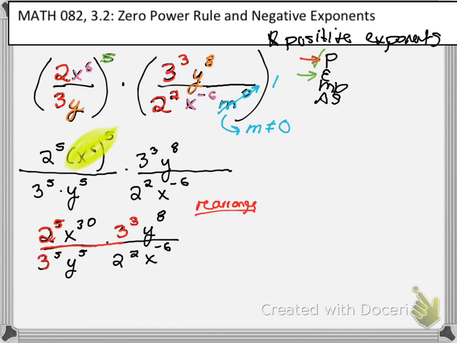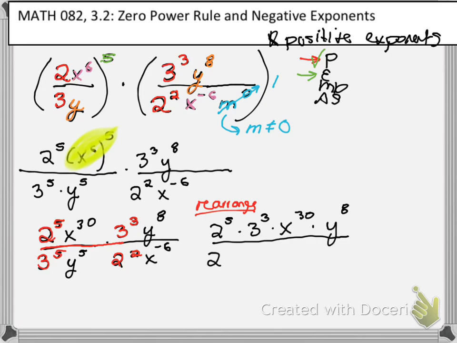So I'm looking at all these numbers, and I want to rearrange them so that they're right next to each other. So let's do this. We have 2 to the 5th power times 3 to the 3rd power times x to the 30th times y to the 8th. That's what we have in our numerator.